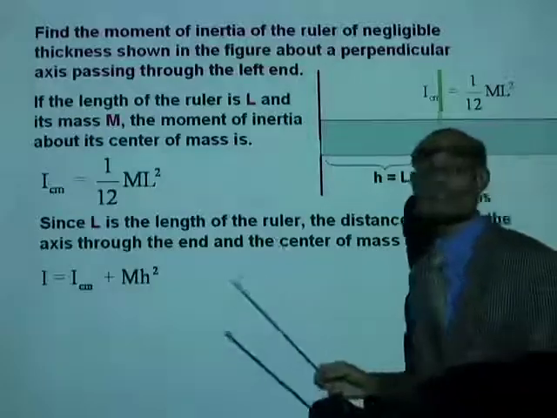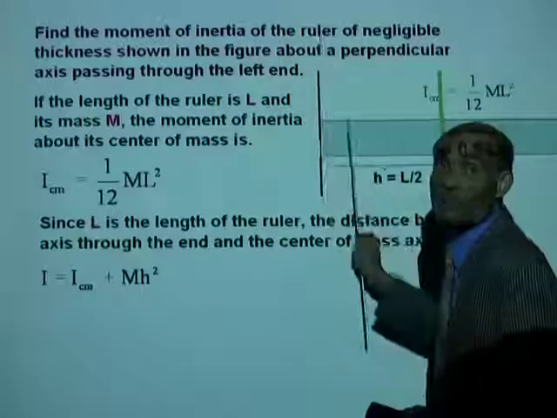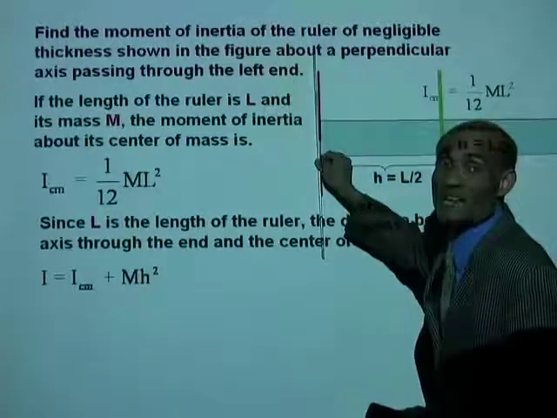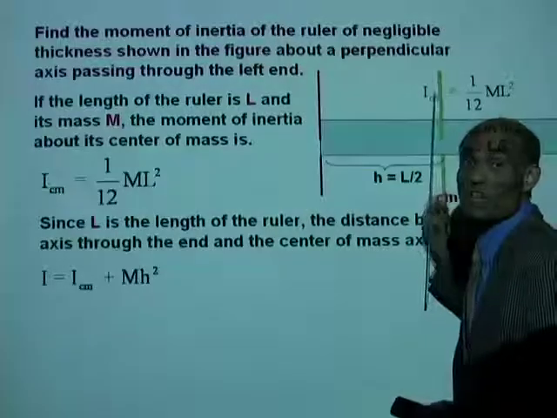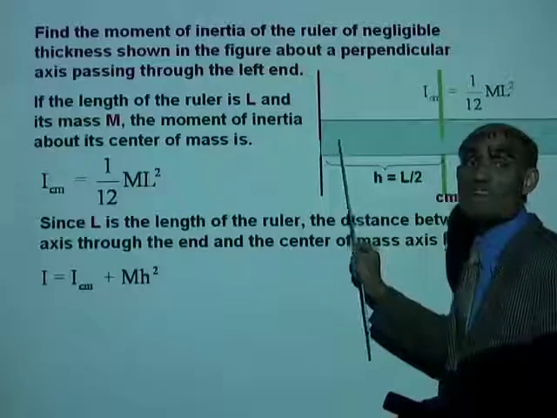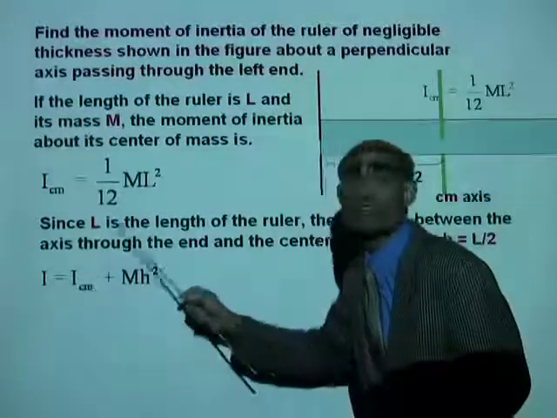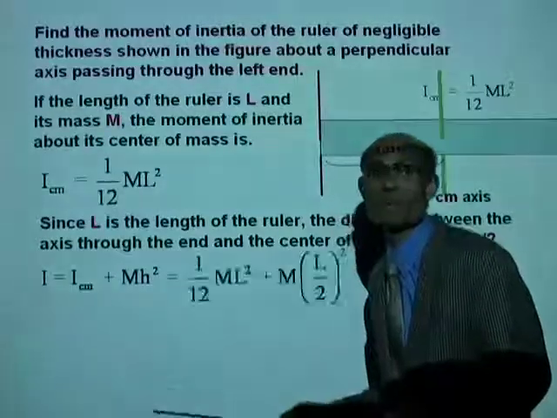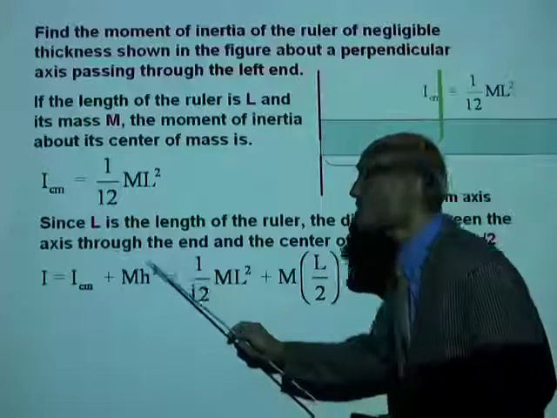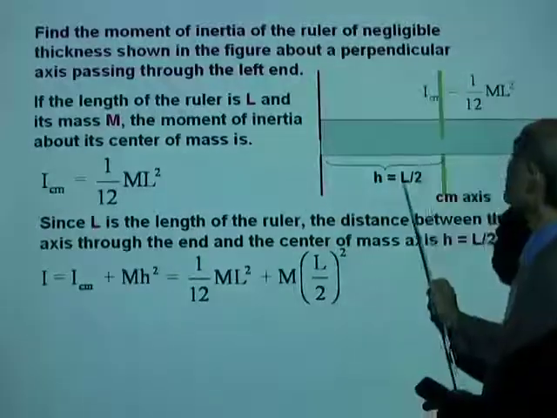Alright, what does the parallel axis theorem say? It says the moment of inertia of this ruler about the axis through its end is the moment of inertia about the center of mass plus mh squared. Now I center of mass is 1/12 ml squared, plus mh squared, replace your h by L over 2.